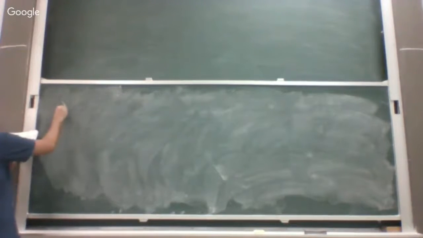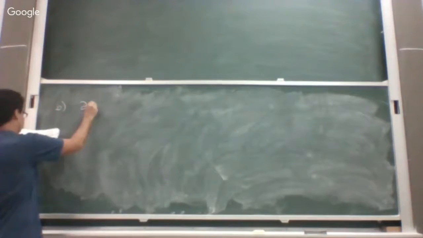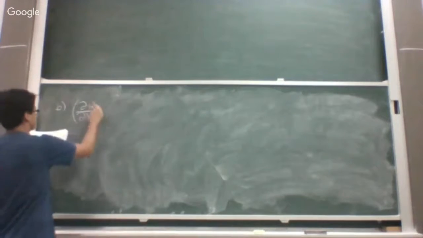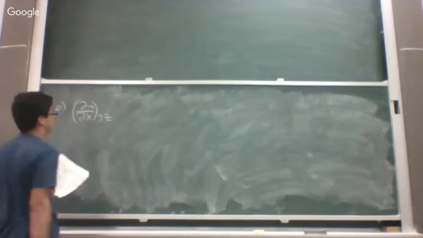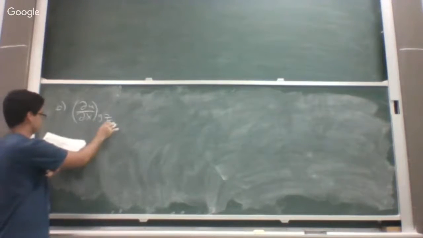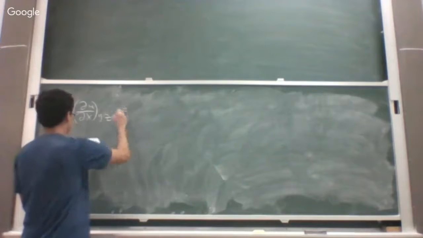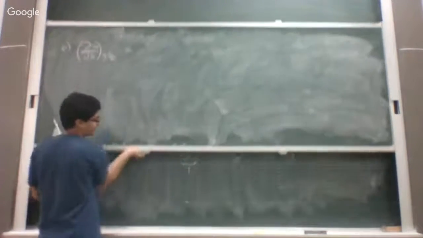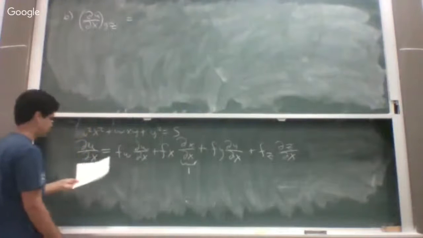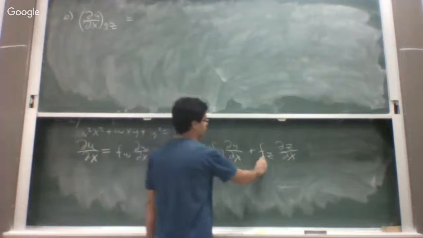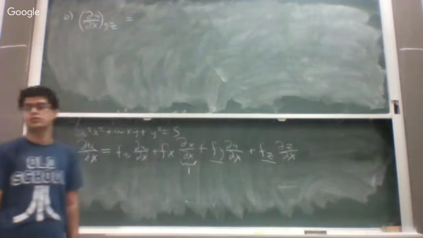Part B, we have to find the partial of u with respect to x holding y and z constant. Okay? So if y and z are constants, that means in this equation, we have no derivative with y and z, right? Because they're not changing.